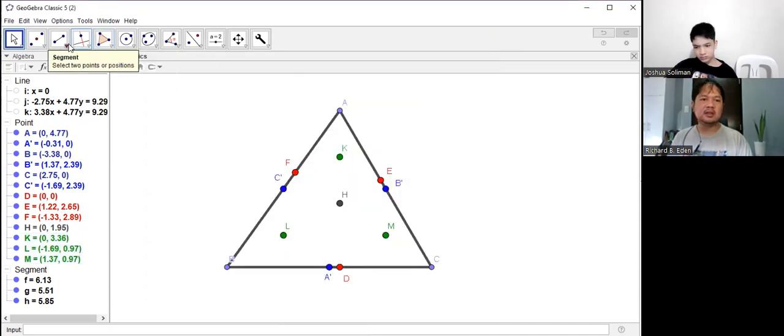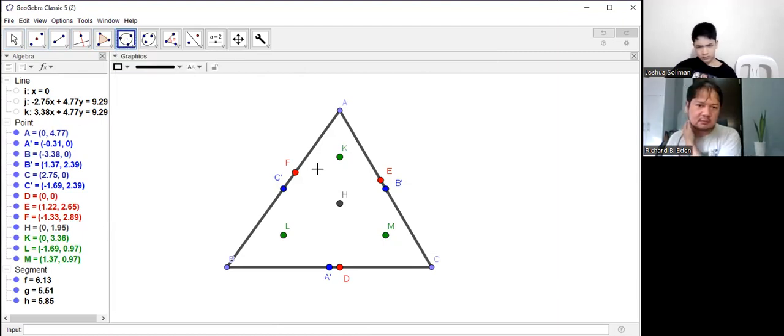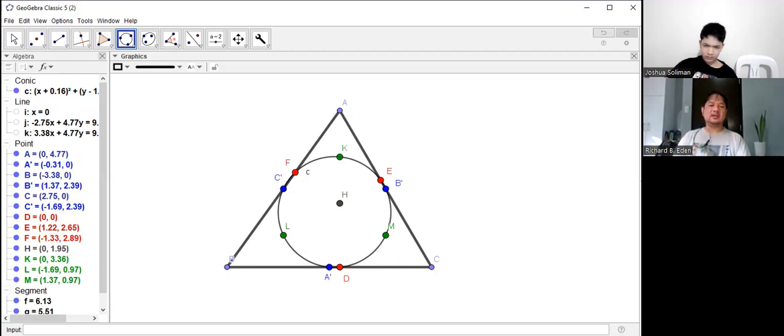And it turns out that these 9 colorful points are all on the same circle. So let's get one blue, one red, and one green. And that is the 9-point circle.